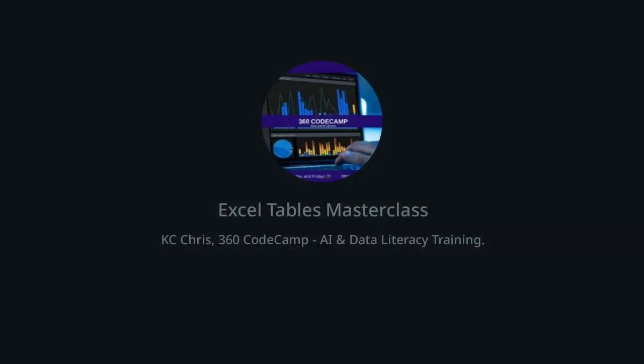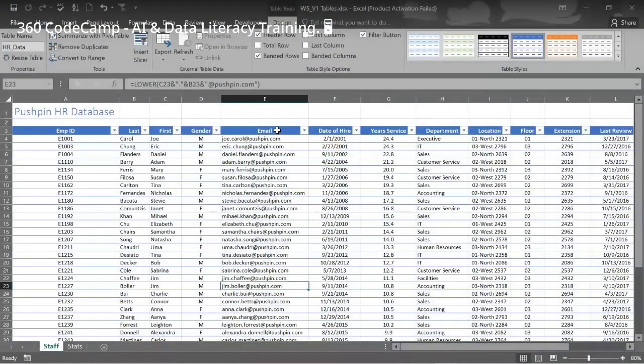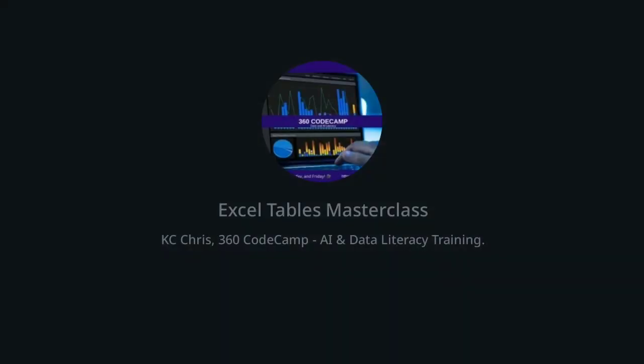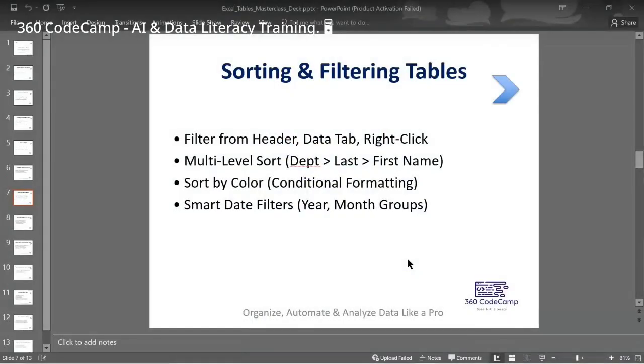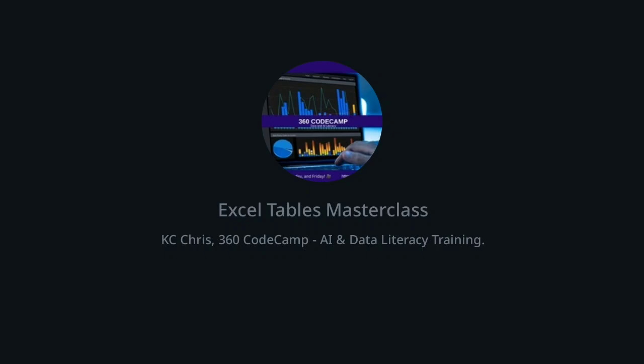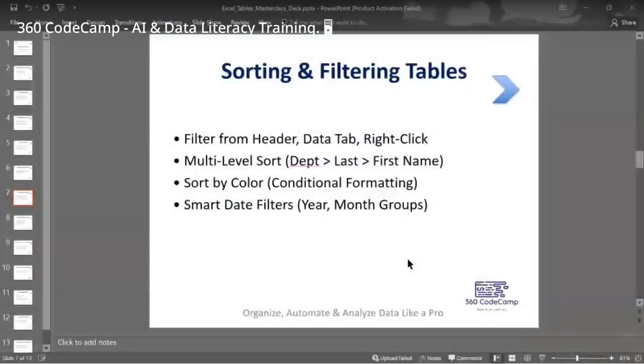So the next thing we talk about is sorting and filtering tables. Okay, sorting and filtering tables. Sorting and filtering work like magic in tables. So we see how you can filter from the header, how we can filter from the data tab, and how we can use the right click to filter.